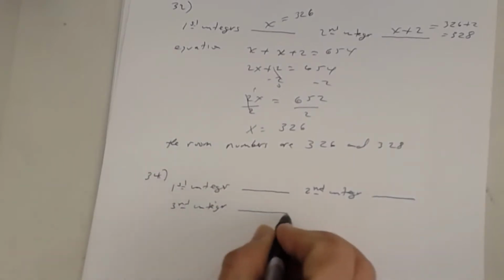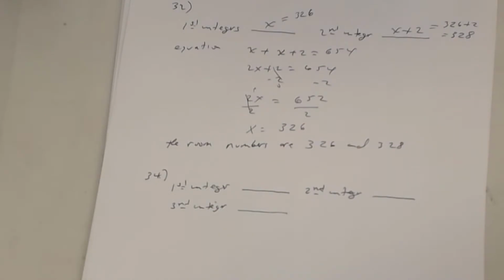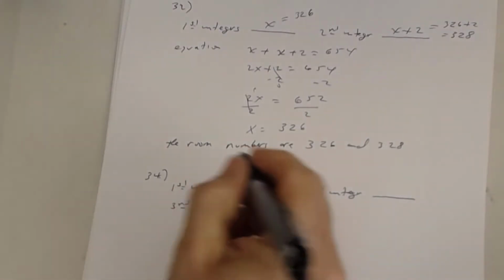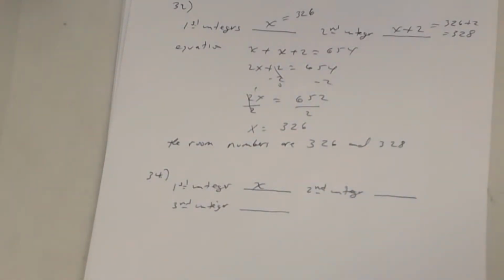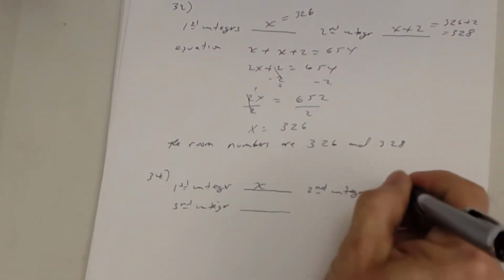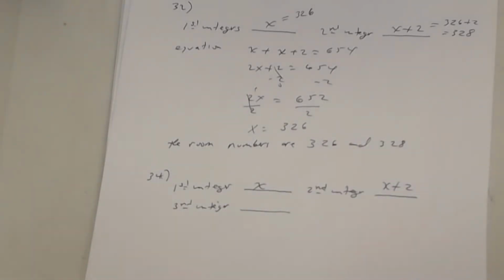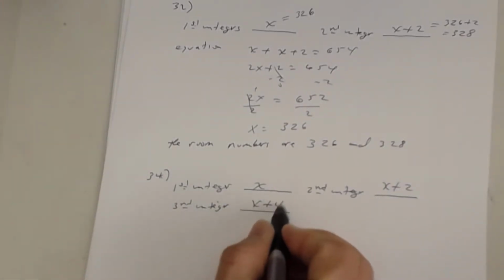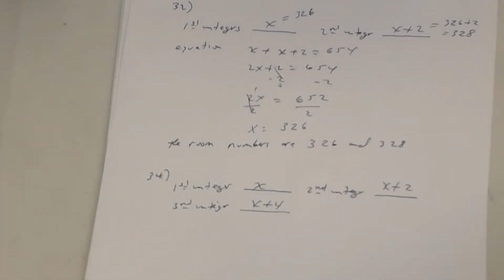Now what kind of integers are those? Consecutive odd. So which one are you going to let be x? The first one. So if x is my first one, how do I get the next odd integer? x plus 2, the same as the even ones, right? And how do you get the third one? x plus 4. All right, so there are your unknowns.